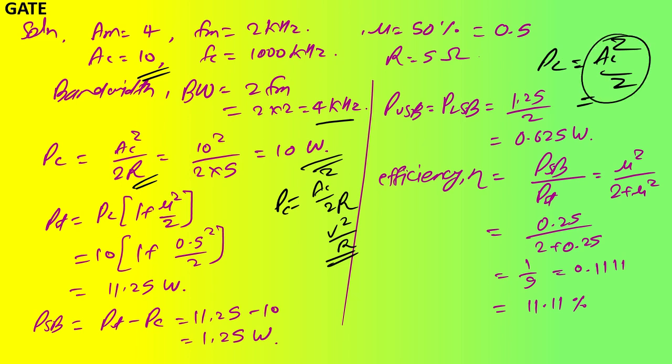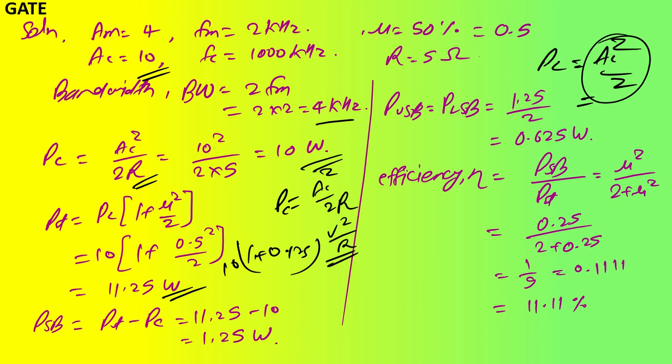So this is wrong. Why? Because there is a resistance of 5 ohm included. Mu square is 0.25, and 0.25 by 2 is 0.125. So 1 plus 0.125 times 10, that is 10 into 1.125, that is 11.25 watt.